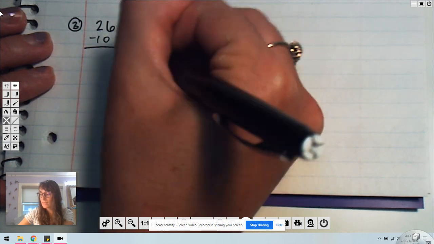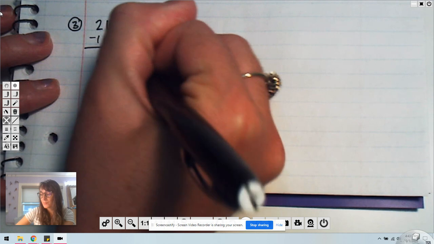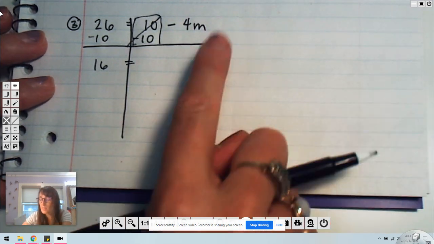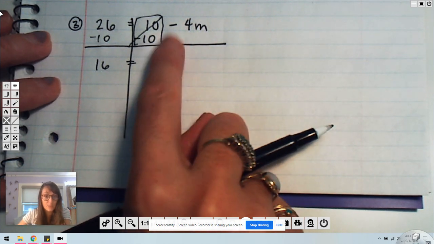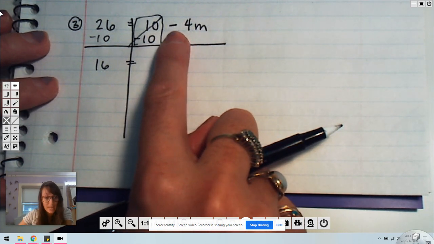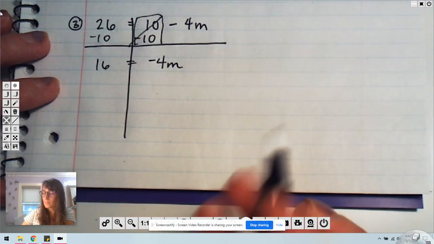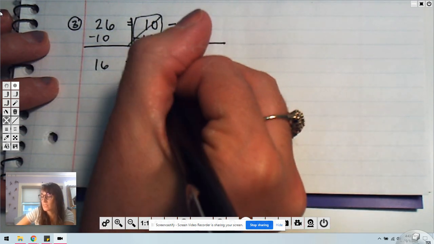Positive 10 and negative 10 make nothing, they cancel out. 26 minus 10 is 16. Now what's left over on this side? This is not a positive 4m, this is a negative 4m. Remember Beyonce, we look to the left, that sign is attached to the 4, so this is a negative 4m. So negative 4 times m equals 16.